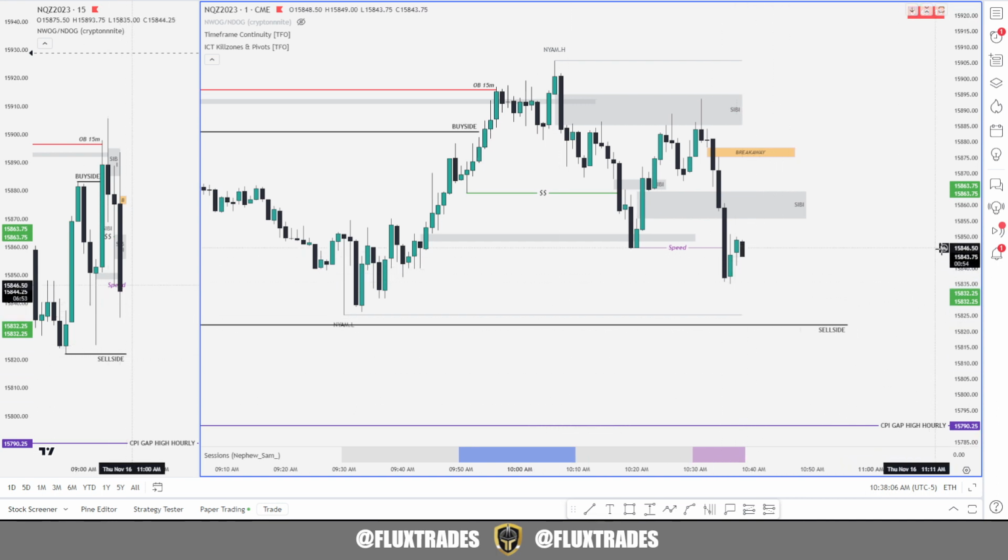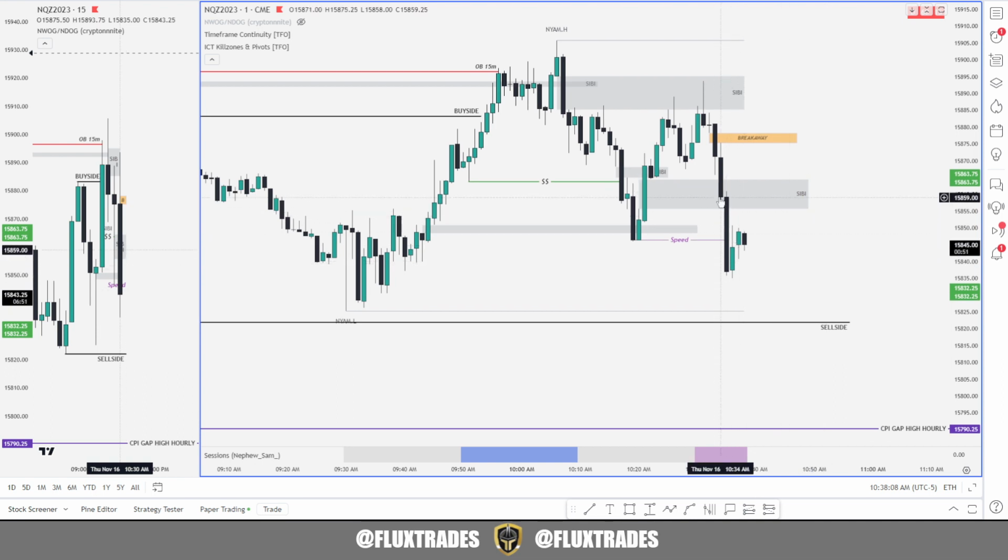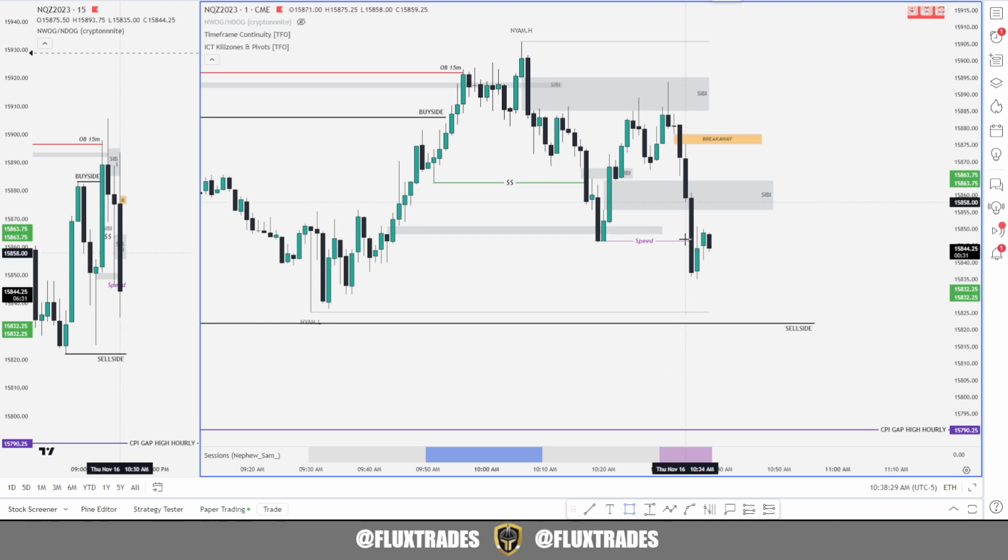Starting to trade lower. So we left this as breakaway as well. Watching to see if you want to wick up into here, but candles basically staying lower.